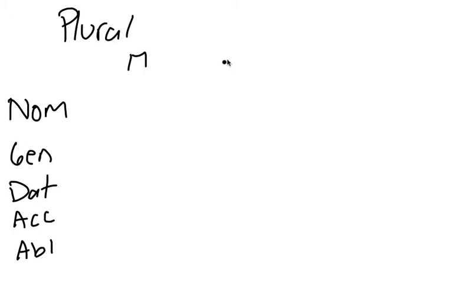Okay, now we'll do the plural. Okay, so I'm going to set my chart back up with the 5 main cases: nominative, genitive, dative, accusative, and ablative. Okay, I have my masculine, feminine, and neuter. Okay, in the plural, celeres.